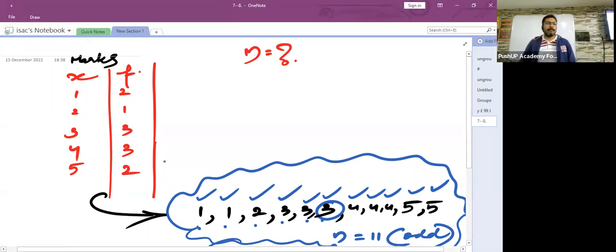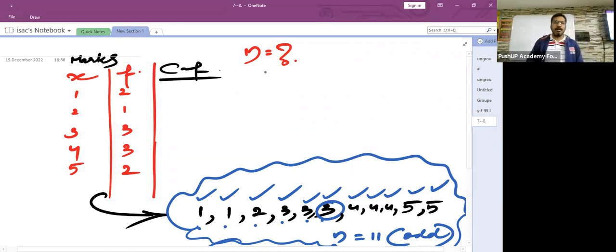Children, do you remember the concept of cumulative frequency, C.F.? Yes, and you all know what it is. You have to just go on adding the frequencies one after the other, isn't it? So the first cumulative frequency will remain the same, 2 itself, no change.